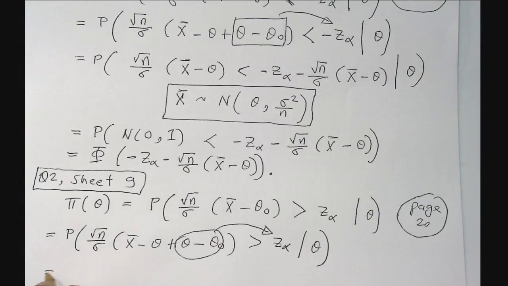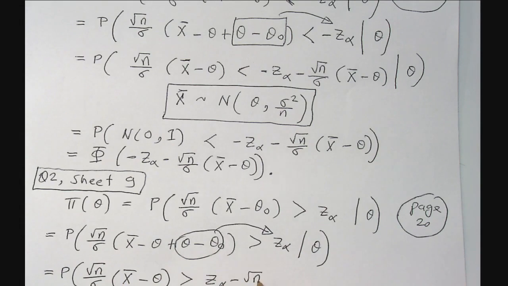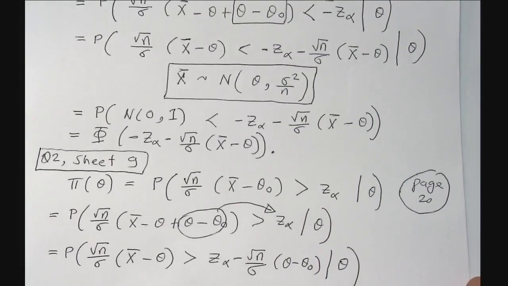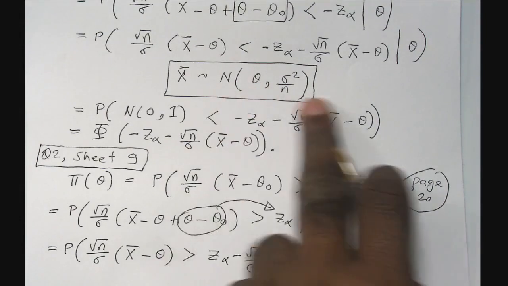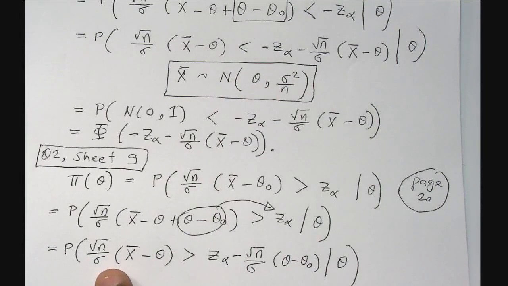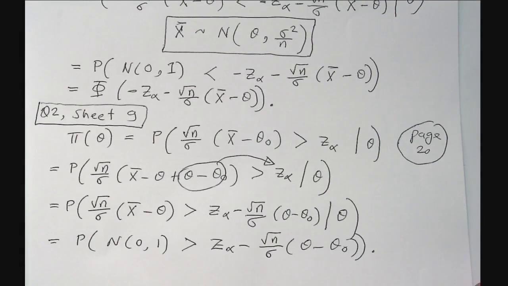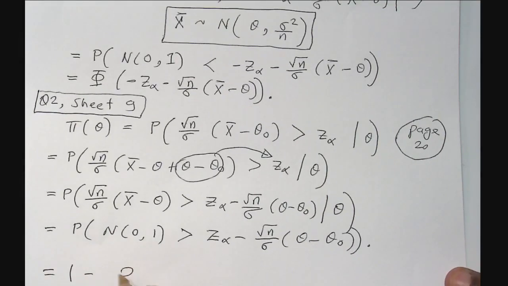Okay, so this becomes... and then argue that by the same reasoning as over here, this must have the standard normal distribution, and therefore this is the probability that a standard normal variable is greater than... and this you can write as 1 minus phi.